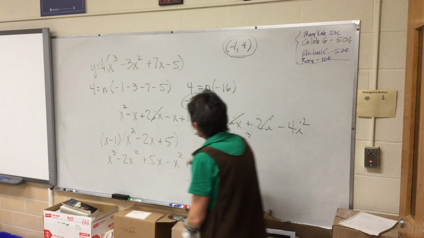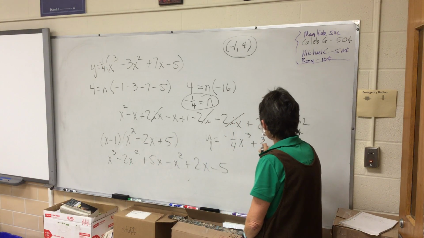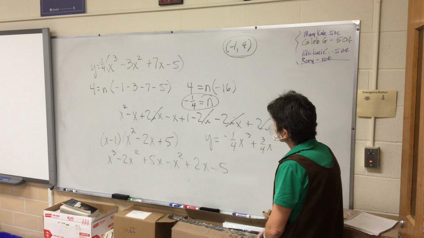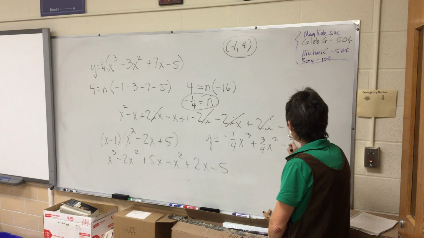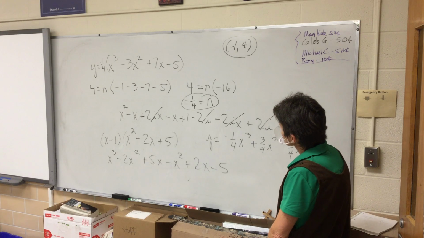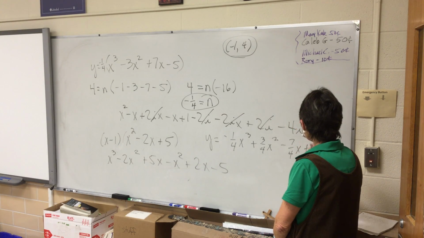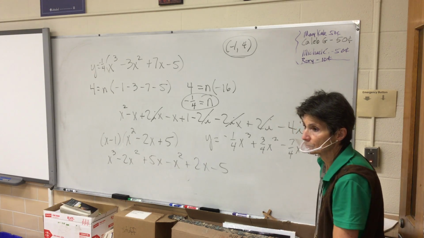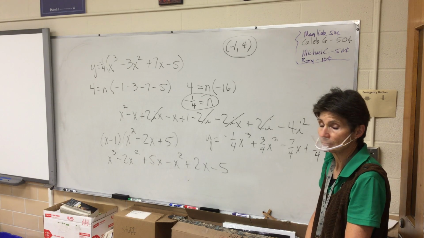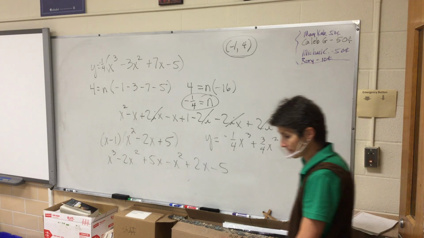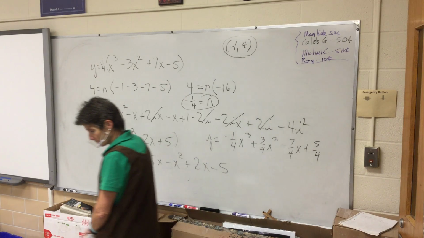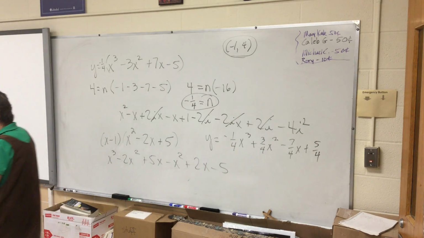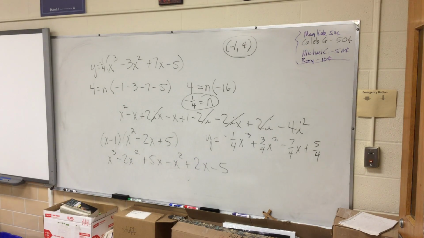So it's going to be plus 3/4 x squared minus 7/4 x plus 5/4. All good?